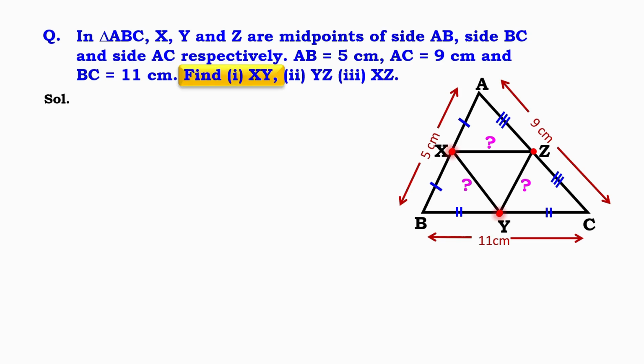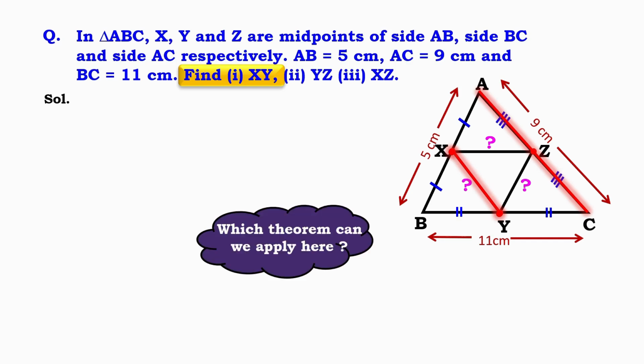So let us take a look at the first part, that is XY, how we are going to find the value of XY. If you take a look, X and Y are the midpoints of AB and BC respectively. Correct. So now which theorem can we apply? We can apply the midpoint theorem.